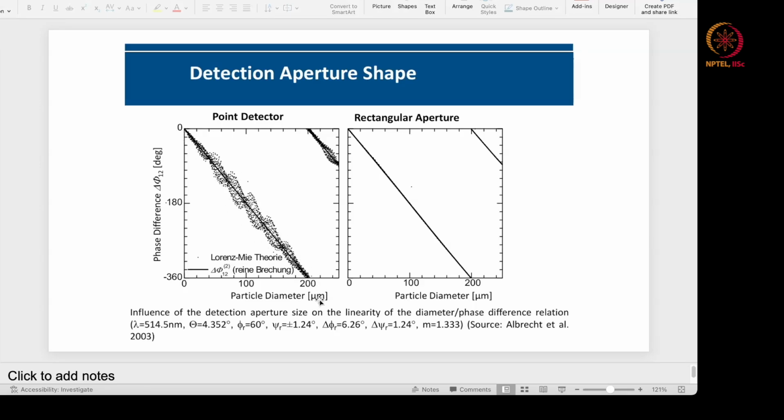You want a linear relationship because you are doing a calibration-free measurement, so the particle diameter and the phase difference should be unique. There should be no nonlinearity coming into the picture. This is for a point detector system, and this is using rectangular apertures, measured up to very large diameter particles that you can see here.